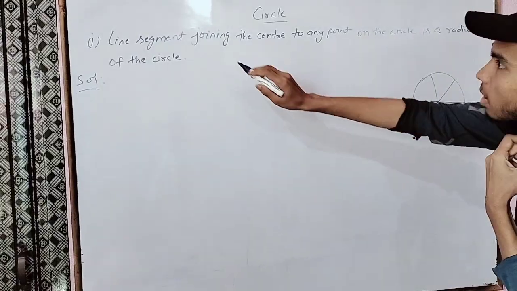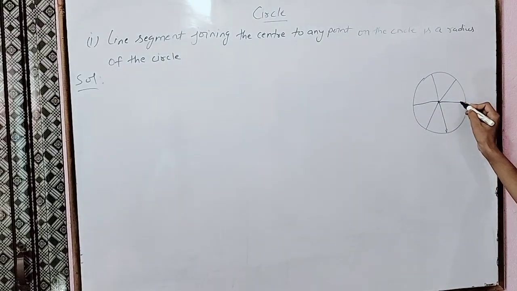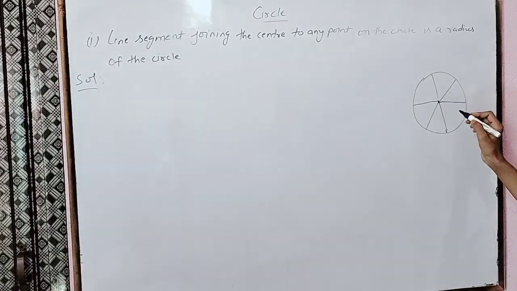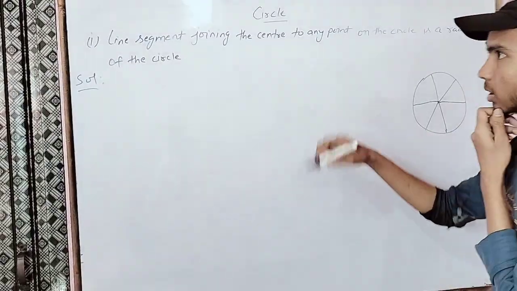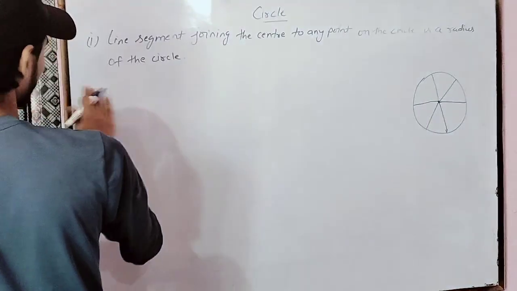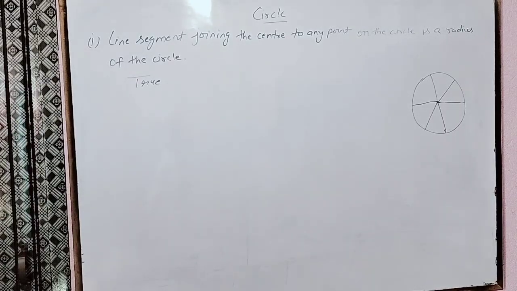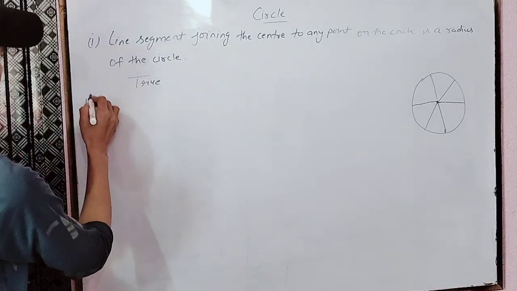So it is talking about a line segment joining this center to any point on this circle, which is a radius. Yes, it is true. This is true.